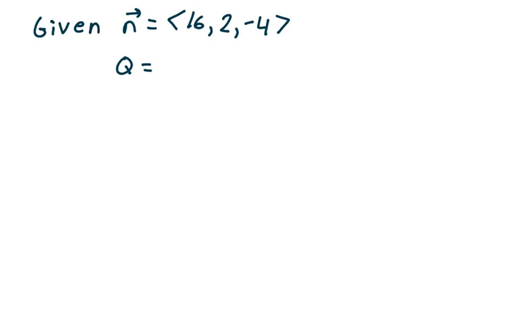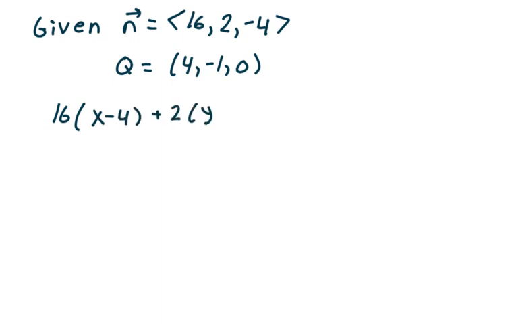So we're given the vector n is 16, 2, -4. And I'll choose Q for my point, and that point is 4, -1, 0. And so we have 16 times x minus 4 plus 2 times y minus a -1, which is y plus 1, minus 4 times z minus 0 equals 0.